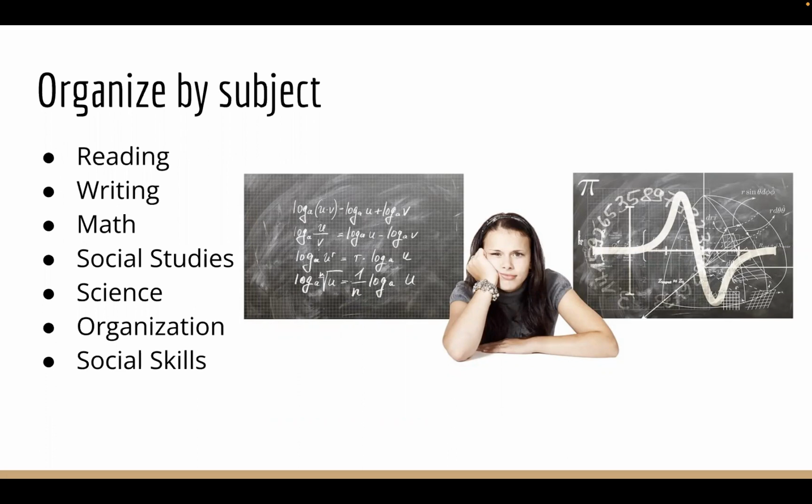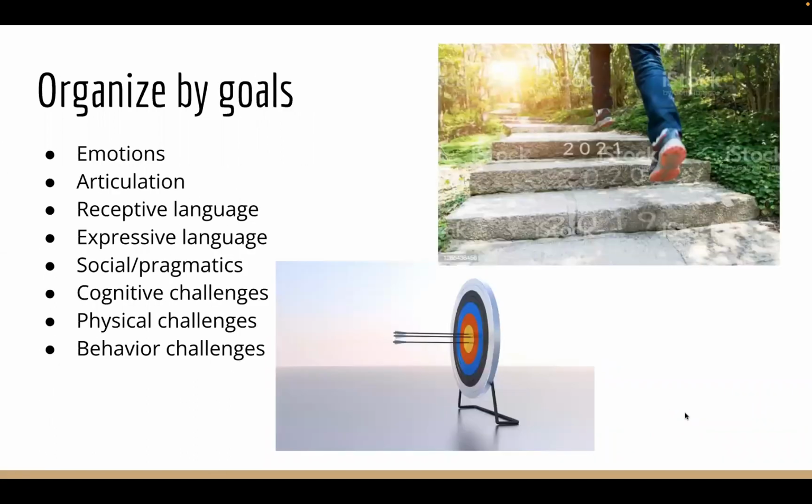However you think of that, that could be a subject that you're trying to create in your matrix. In the next slide, you can organize by goals. If you have goals for your students, their emotions, articulation, receptive language, expressive language, social pragmatics, and then cognitive, physical, and behavior challenges can all be a way that you organize your matrix.